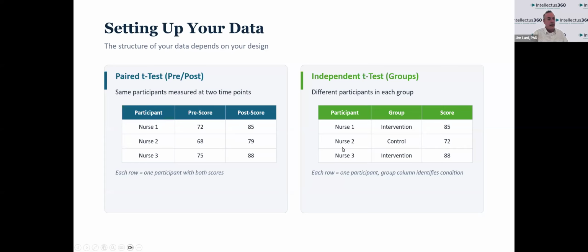You could be looking at differences on some score by some grouping variable, like intervention or control, that happens. But again, the data setup is similar in that each row is that individual. So nurse 1 happens to be in an intervention group and has that score. Nurse 2 is in a different group and has a score. So each participant, one row.